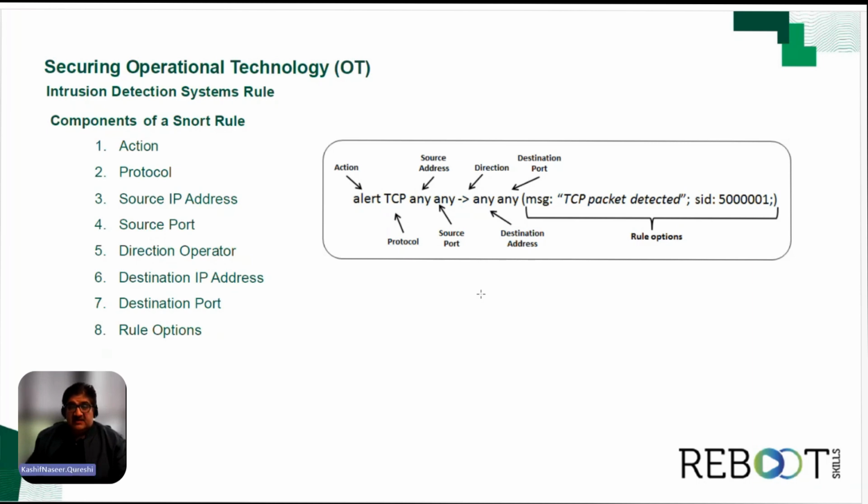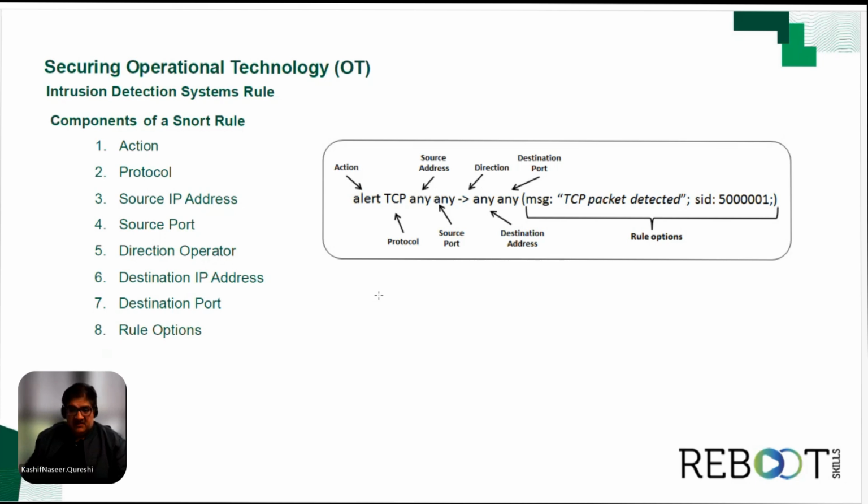Then there is the destination IP address. We can specify the destination IP address or the network address here. We are also using any for any IP address, but you can also write a specific IP address here.